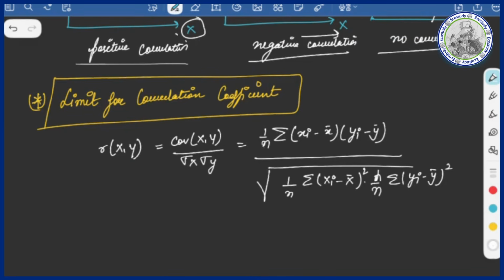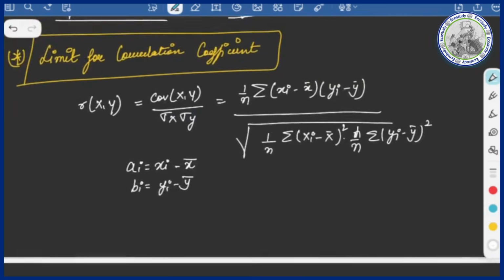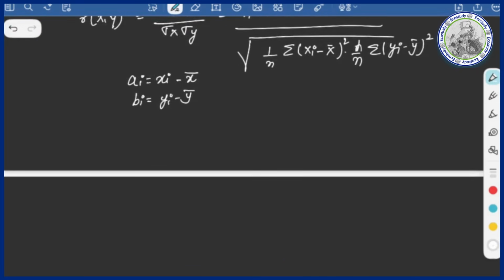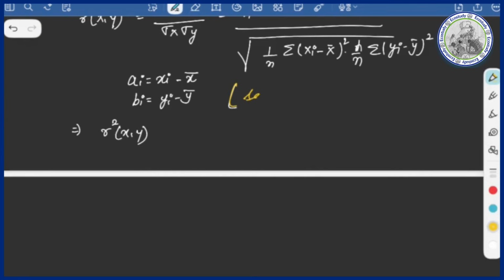Now what we will do, we take ai equal to xi minus x bar, and bi equal to yi minus y bar, and we square both sides of r xy.